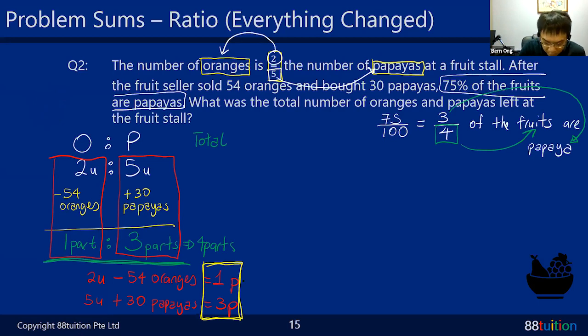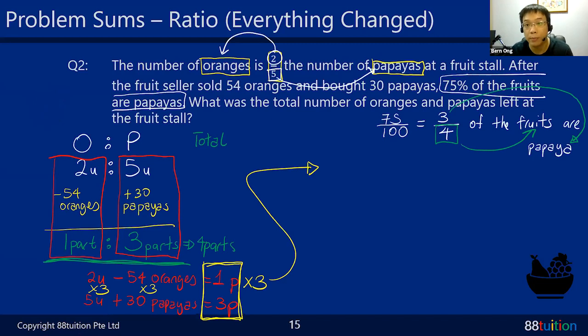So remember that if you times 3 for the 1 part, everybody must times 3. So times 3, and times 3. For the 1 part, the oranges portion, let me rewrite. I purposely times 3 for everybody. Means 3 groups of 2 units minus 54.